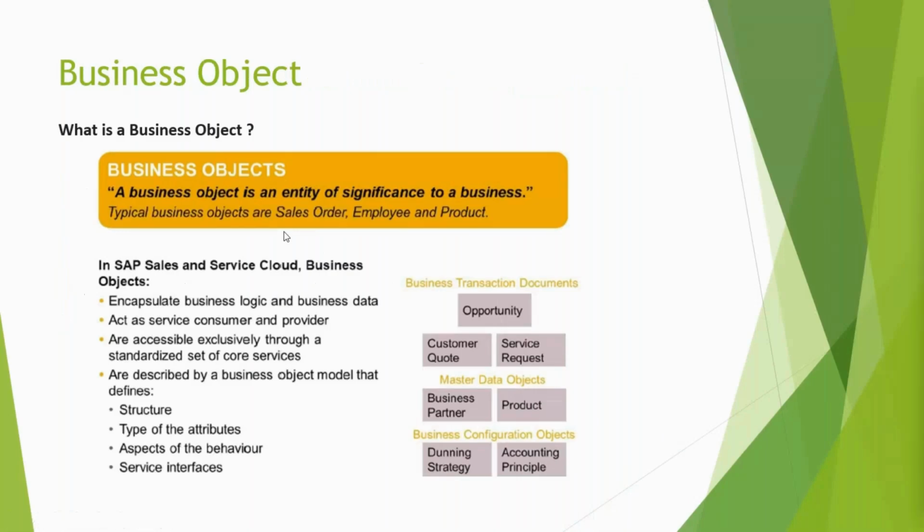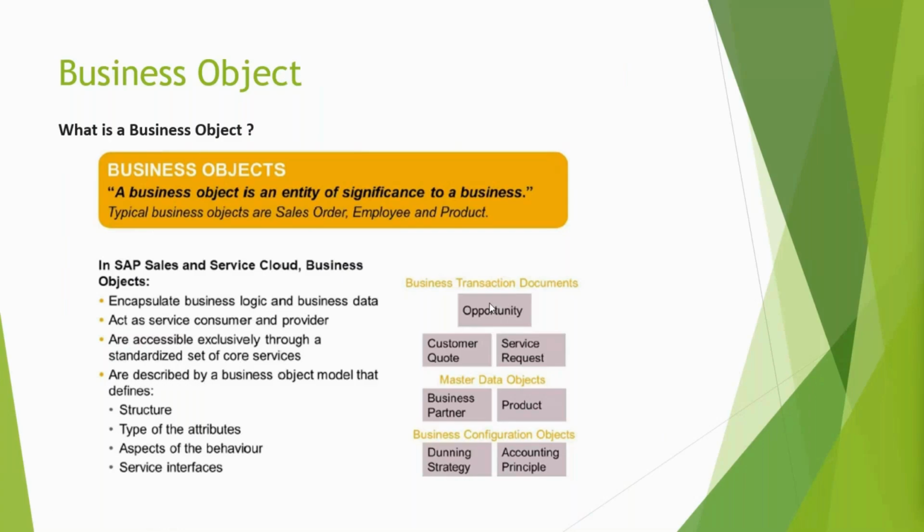So what's a business object? It's similar to a database table which we use to store the data with different fields, right? We have to define a structure. Let's say for an opportunity we have 10 fields. For those 10 fields, we define the data type, and we have an association to a customer.